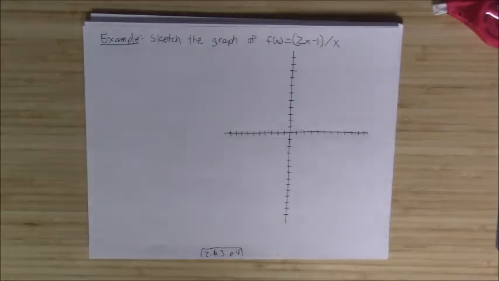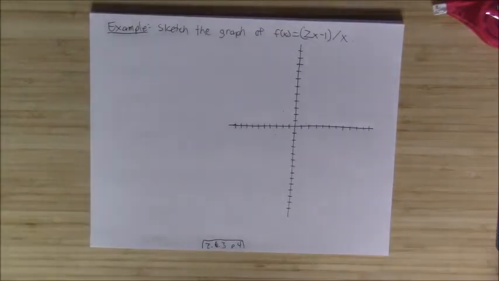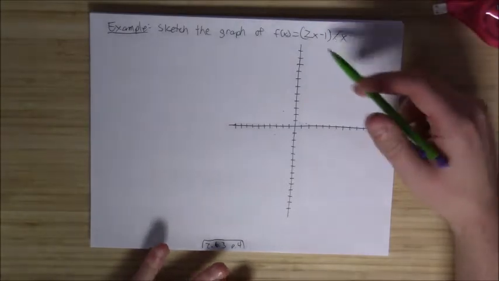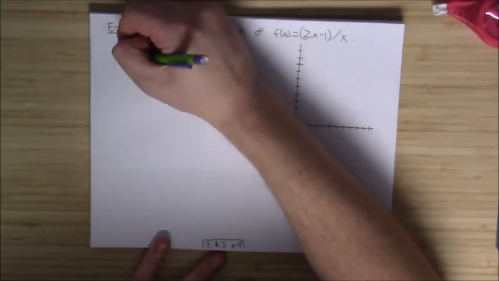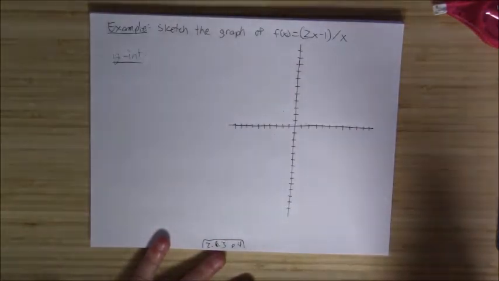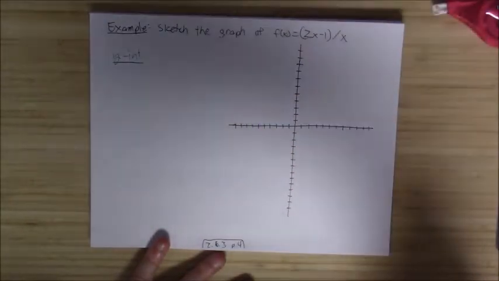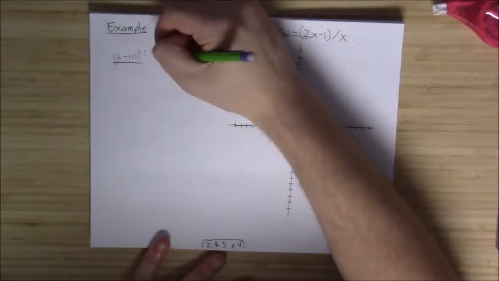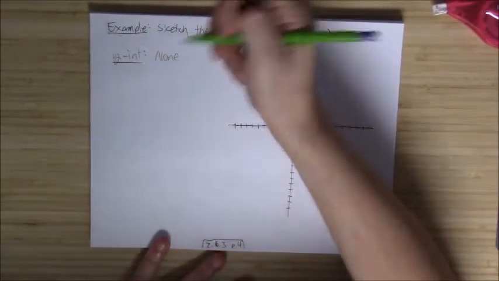So let's do another example. Let's go ahead and sketch this graph. Again, it's already factored for us. We see that the y-intercept, plugging 0 in, there is no y-intercept because that's precisely where the vertical asymptote happens. So none.